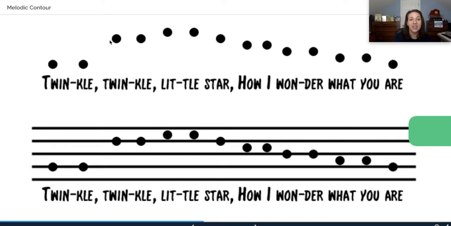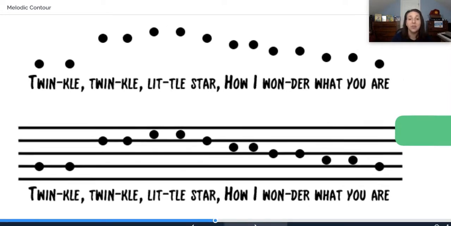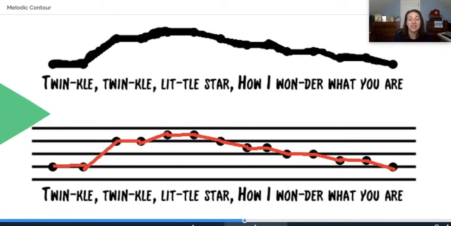And the dots are telling us how low or high the pitch is. If we put that on the musical staff, our five-line staff, we have G, G, D, D, E, E, D, and so on. So you can see that it can be on the musical staff. But if we connect those dots together, you have a visual of the melodic contour.